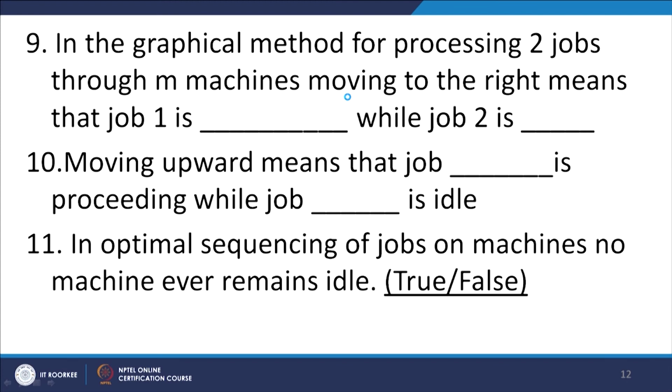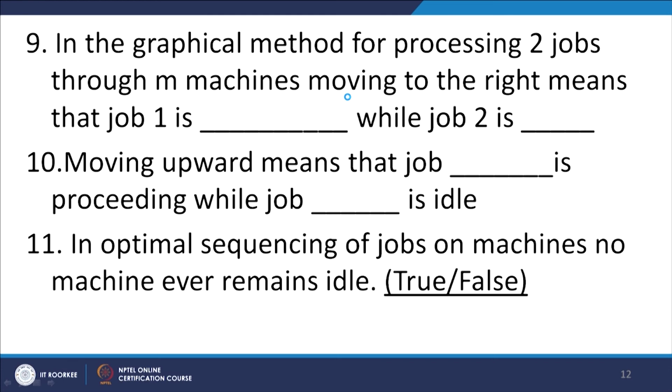Question number 10. Moving upwards means that job dash is processing while job dash is idle.